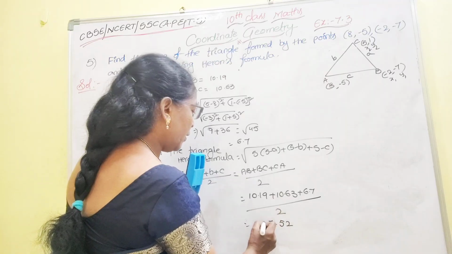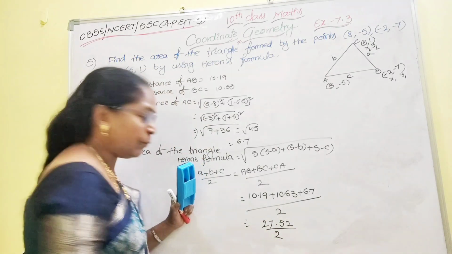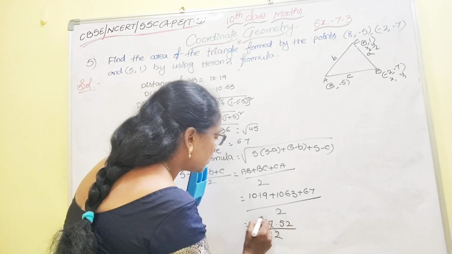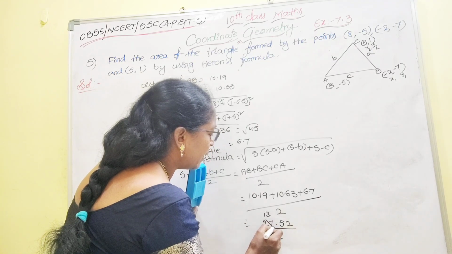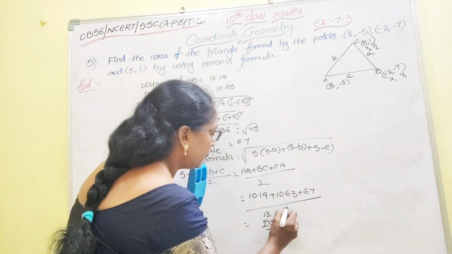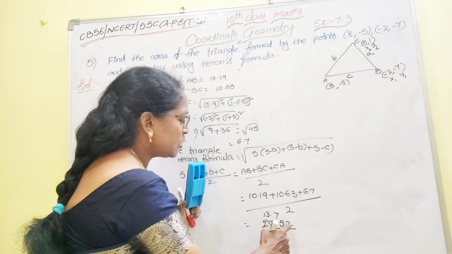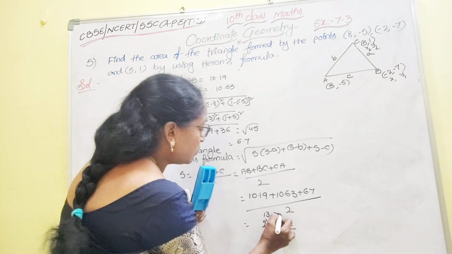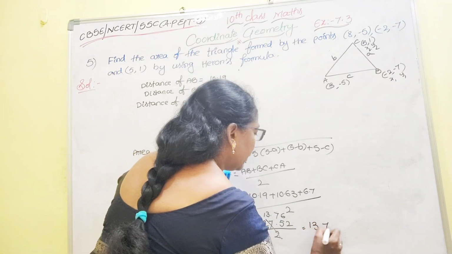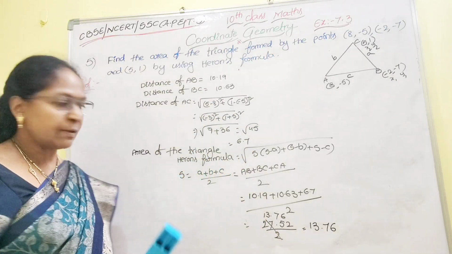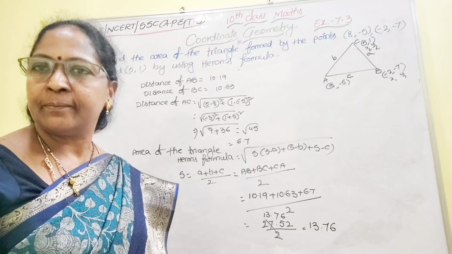Again 1 plus 1, 2. 27.52 divided by 2. Now 2 in this how many times? 1 twos are 2, 3 twos are 6, 1 is a balance, 15. That means 7 twos are 14, and 1 is a balance. 1 2 12, again 6 twos are 12. That value equals 13.76. Now how to use this value to find the area.